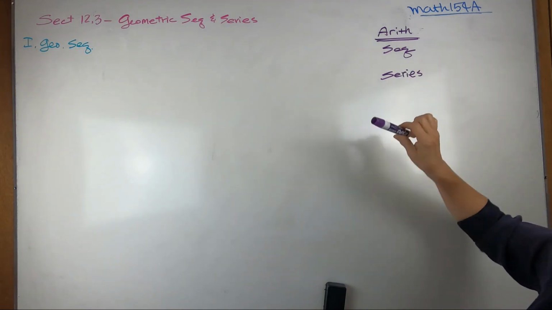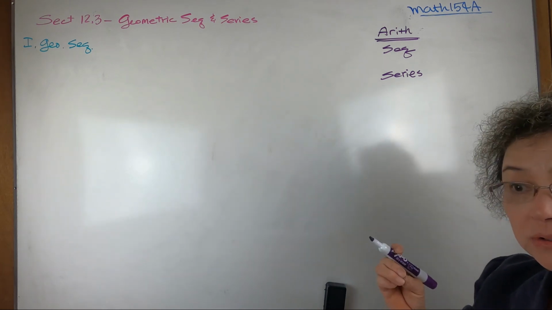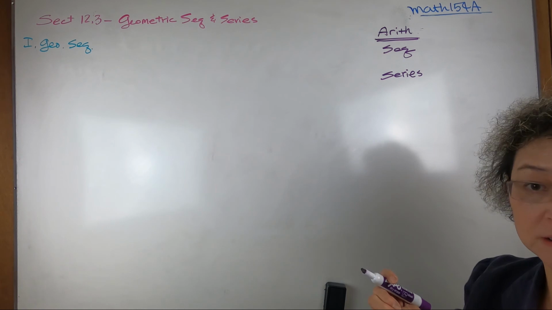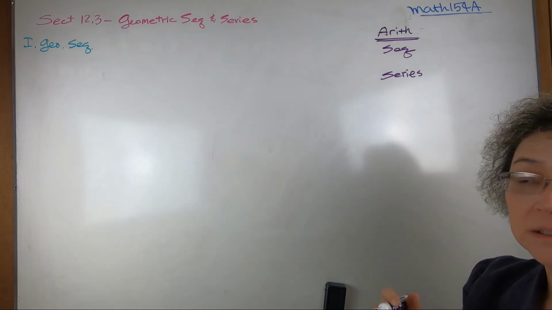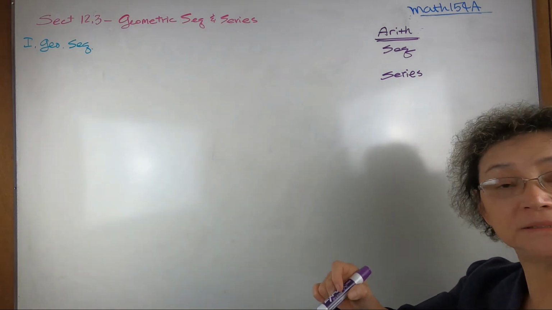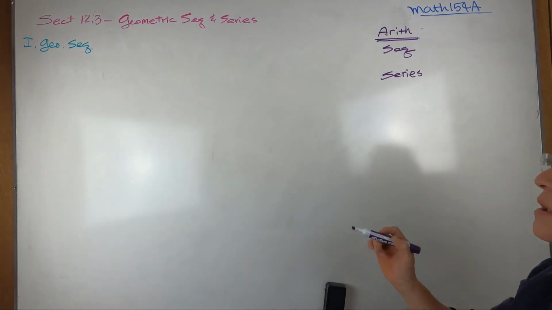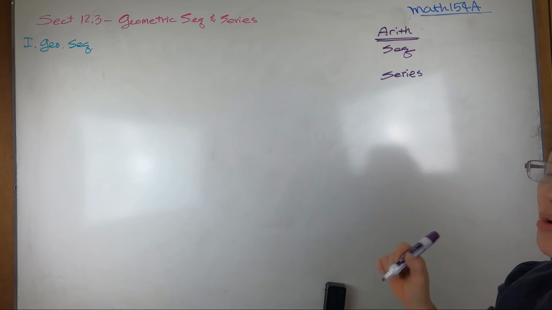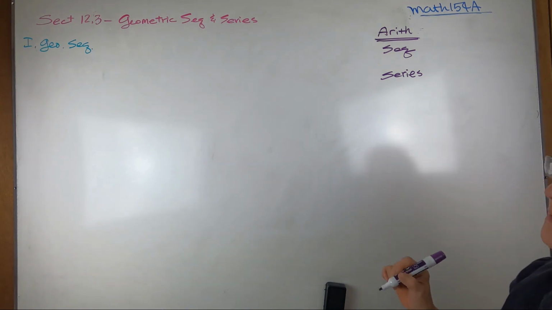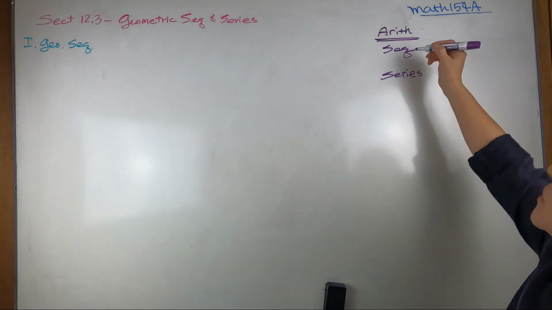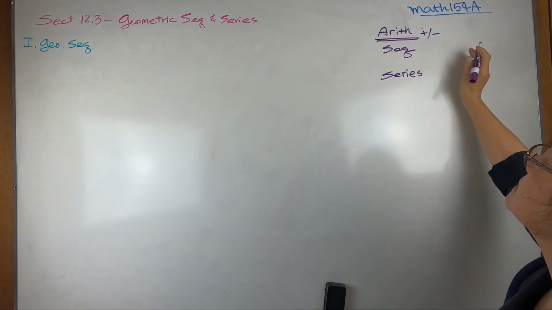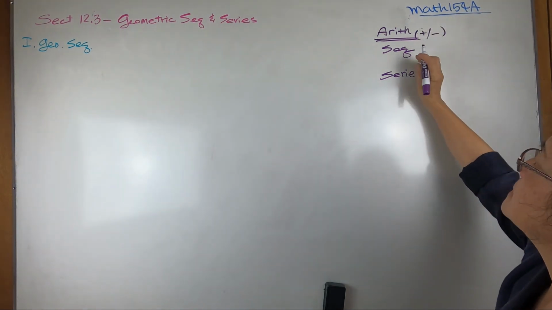We said we are learning two types of simple patterns. One is adding or subtracting numbers to get to the next number. Another one is multiplying and dividing.